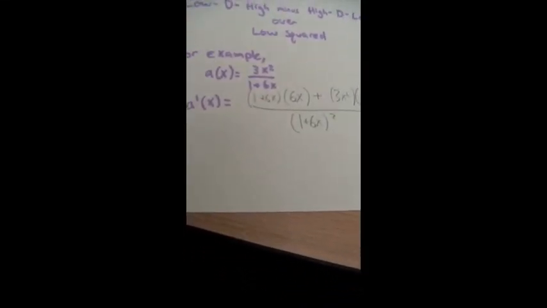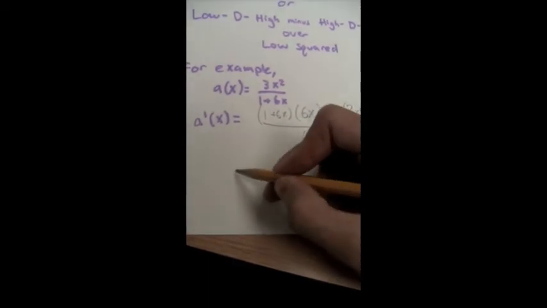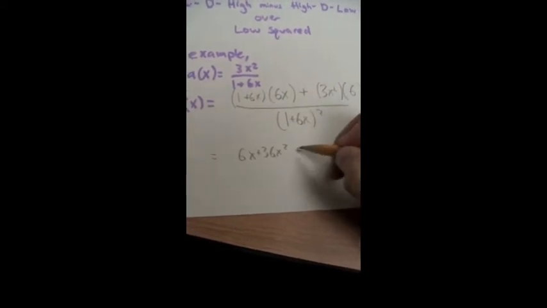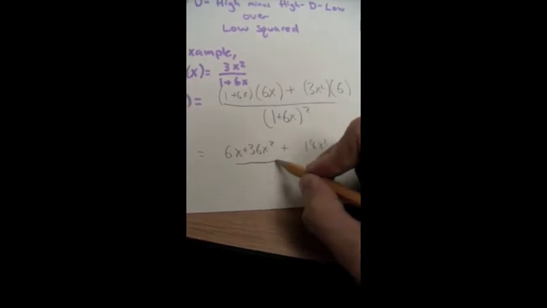So multiplying this out, you would get 6x plus 36x squared plus 18x squared over 1 plus 6x squared.